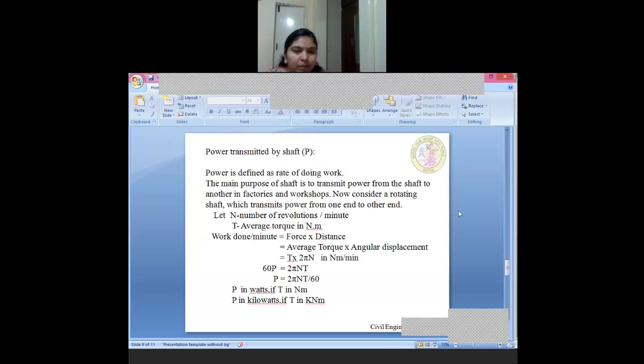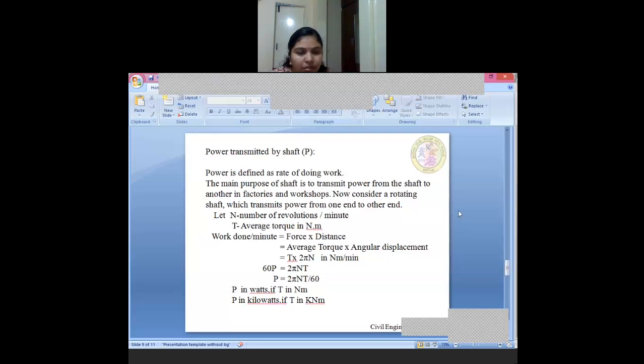We should move to the power transmitted by a shaft. What is power basically? Power is defined as the rate of doing work. The main purpose of a shaft is to transmit power from the driving source to the driven machine, that is, from one end to the other.